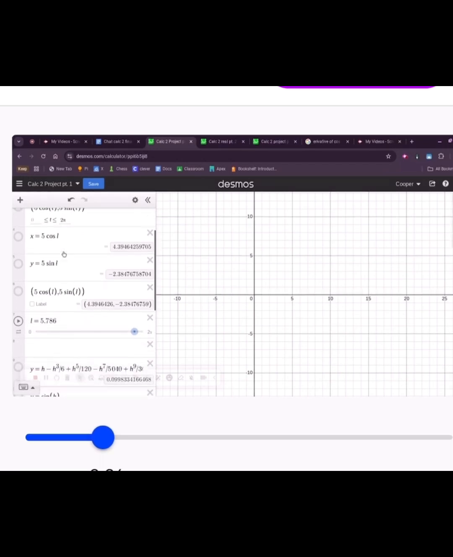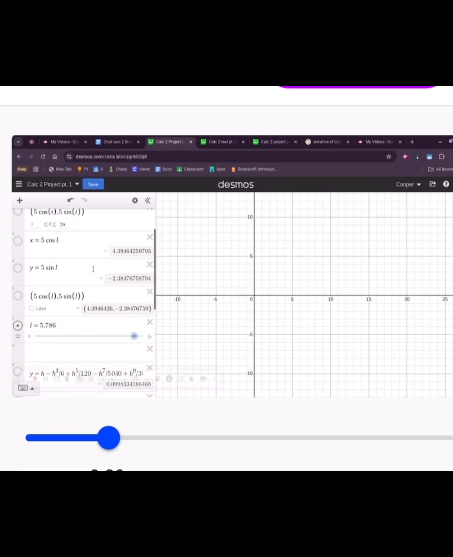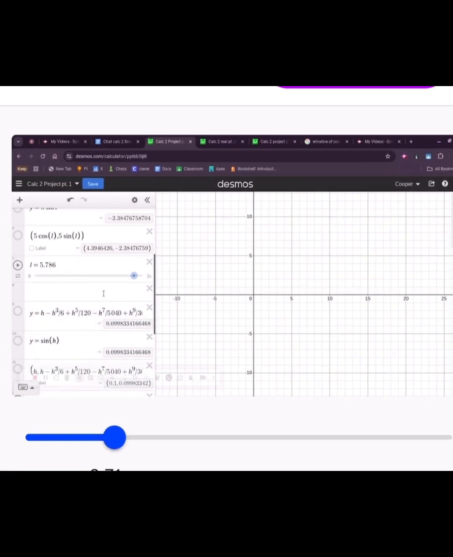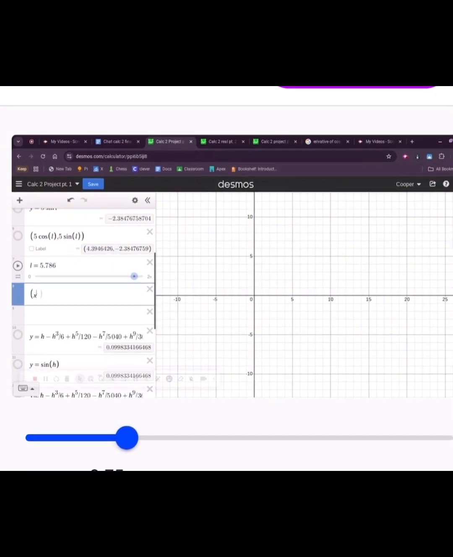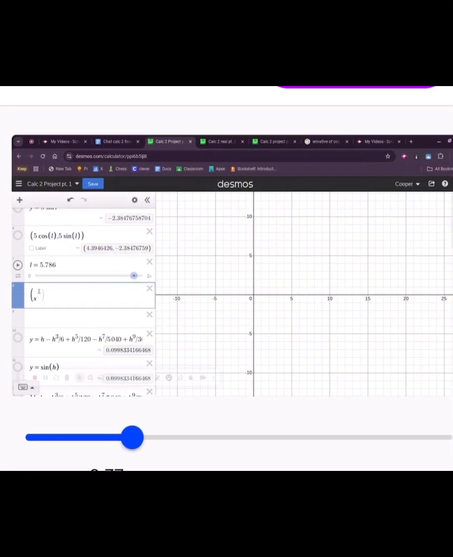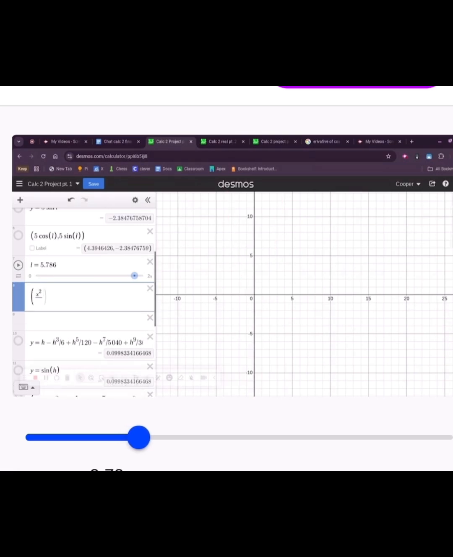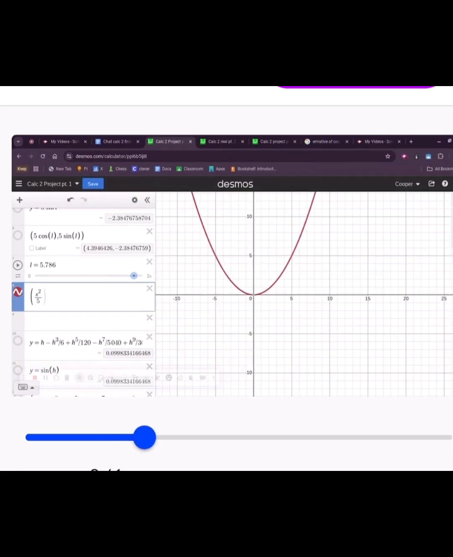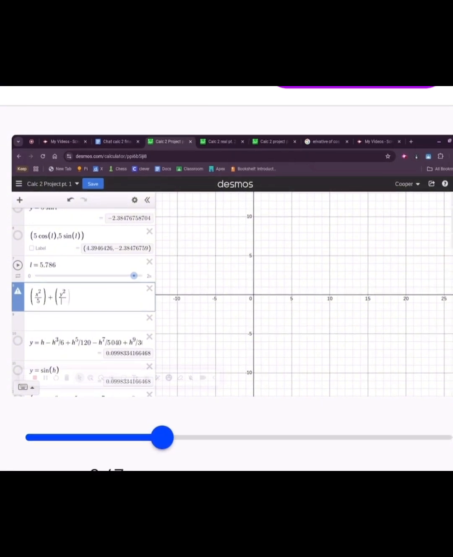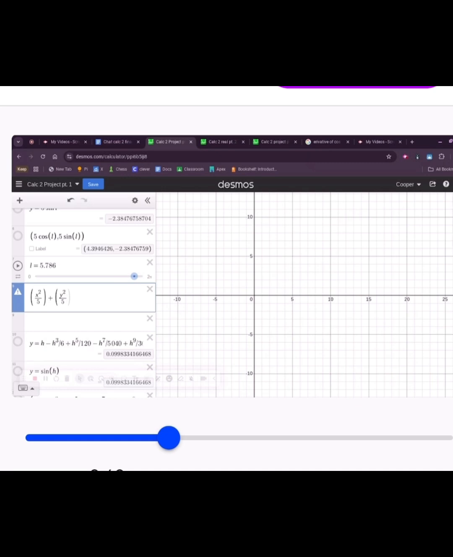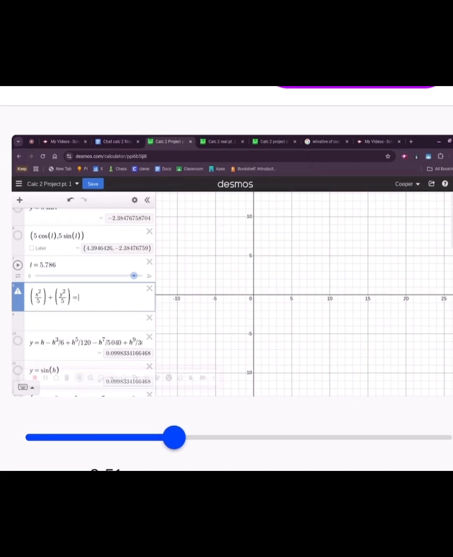If we put them together and solved for them like we did before, it'd be x squared divided by 5 plus y squared divided by 5 equals 1.